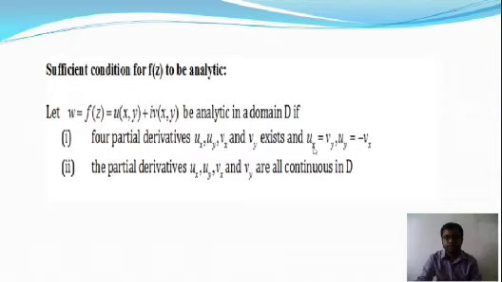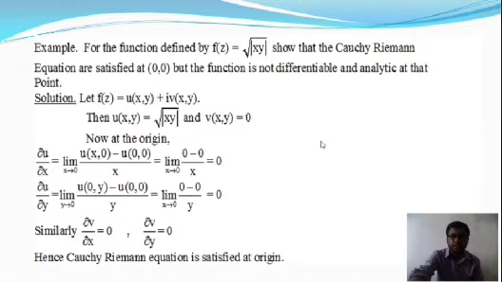This is the Cauchy-Riemann equation. If the function satisfies these two conditions, then I will say the function f of z satisfies the Cauchy-Riemann equation at any point. So in that question the function satisfies the Cauchy-Riemann equation at the point 0, 0.